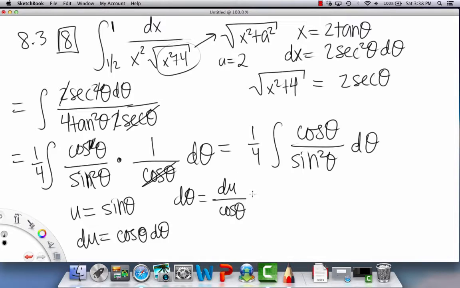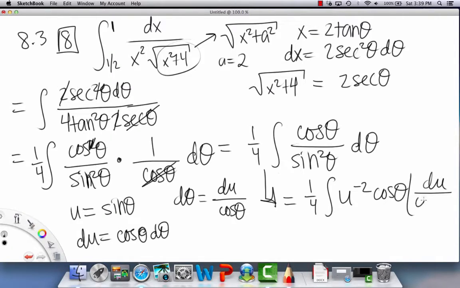If we rewrite it in terms of u, this integral turns out to equal 1 over 4, and then our sine theta is to the -2 power, so this is like u to the -2. Then we have our cosine theta, and in place of d theta, we're going to have du over cosine theta, which is really nice because then, again, cosines can cancel.